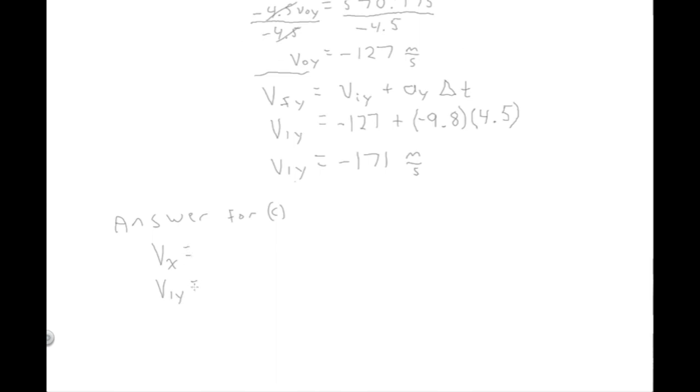Remember, these are the symbols that we can use to represent the horizontal and vertical components. We don't need a time subscript for the x component because that's constant. We just figured out this. And we already knew that Vx was 204 meters per second.